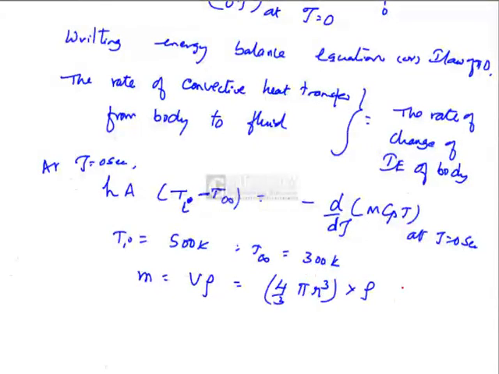We could obtain the mass also in kg. Specific heat is given as 385 joule per kg Kelvin. H is given as 250 watts per meter square Kelvin.